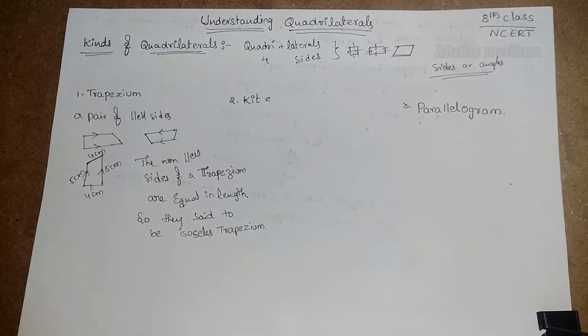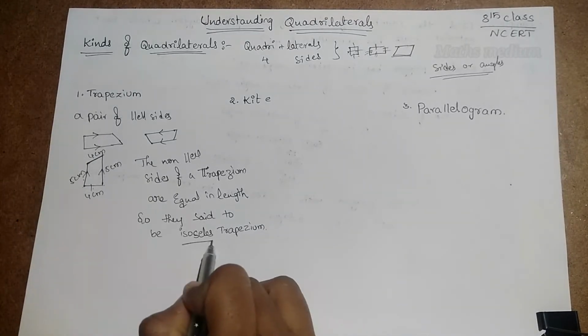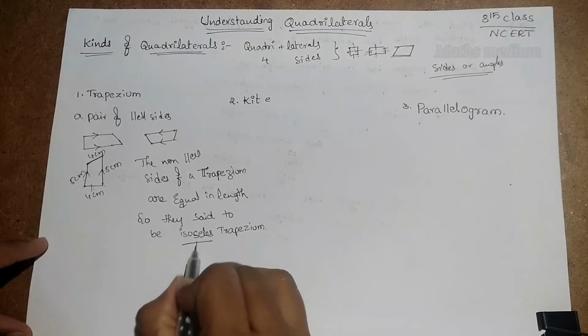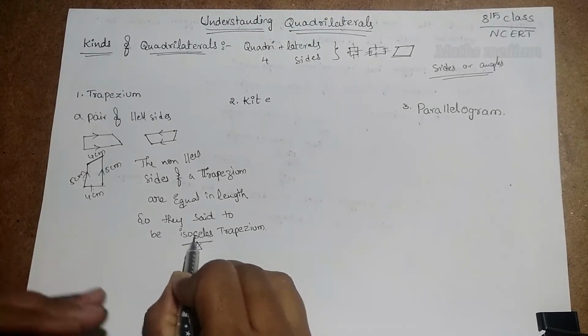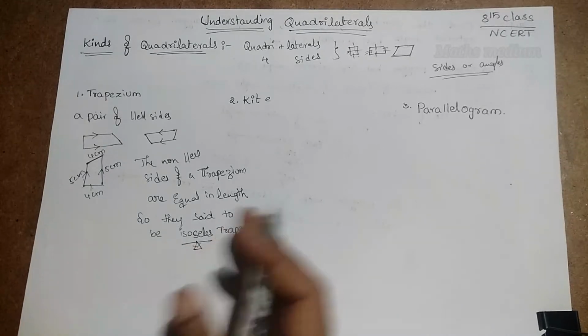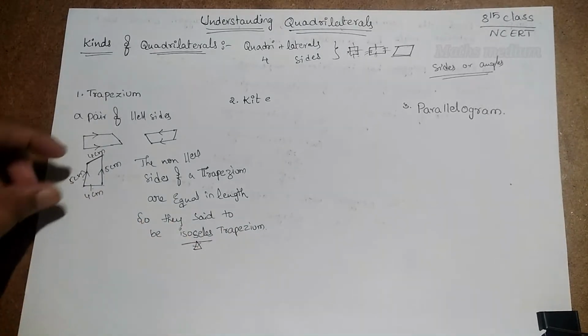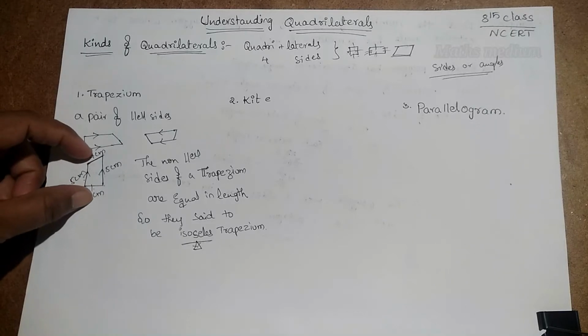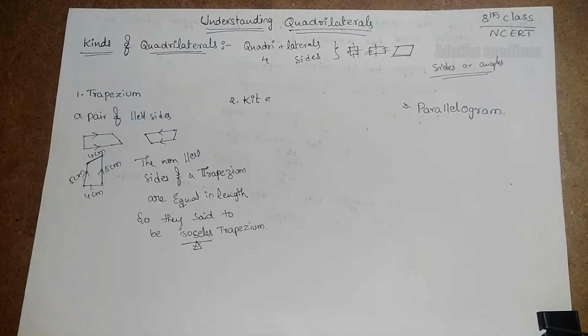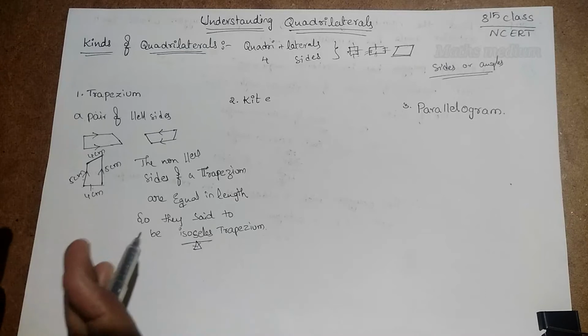So we know the isosceles name from a triangle. In a triangle, if you have two sides of equal length, it is said to be an isosceles triangle. Similarly in a trapezium, if the non-parallel sides are equal in length, it is said to be an isosceles trapezium. This is about the trapezium.